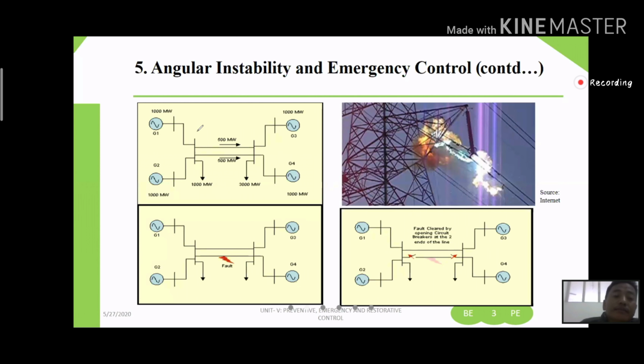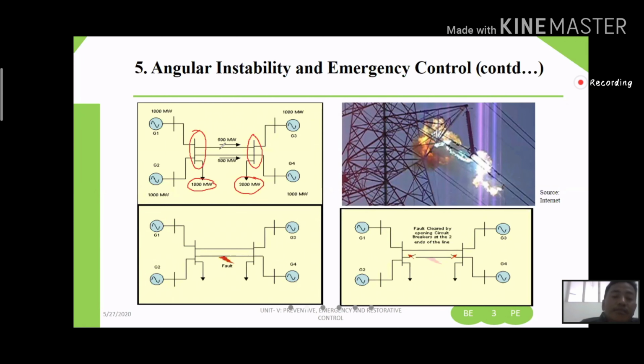Then we have created this scenario that at this bus there is a load. This load requires 1000 megawatt, and similarly at this bus there is a load connected, and its demand is 3000 megawatt. This is a four generator system, each generating an equal 1000 megawatt.